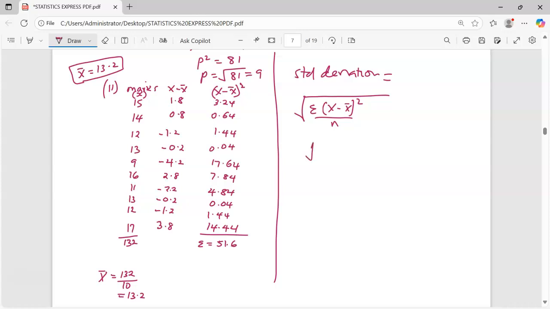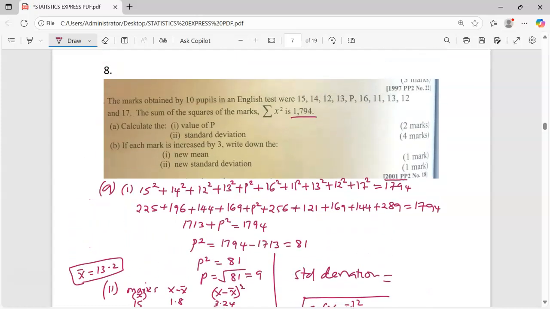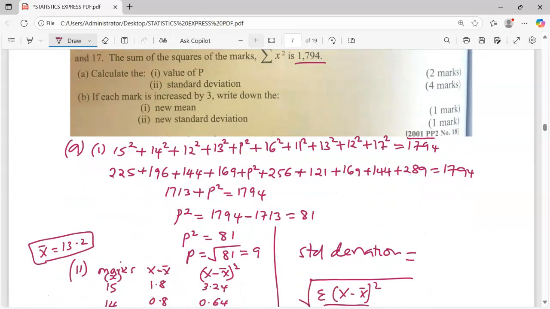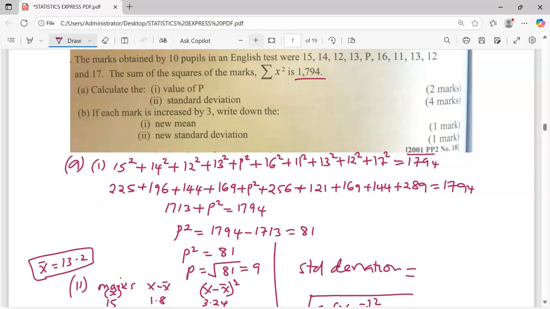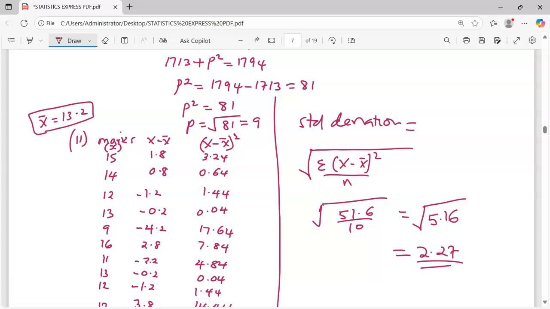In this case, we are going to have the square root of 51.6 divided by 10, which is going to give us the square root of 5.16, and the square root of 5.16 will be equivalent to 2.27 as the answer to this particular question. Once we have done that, we can now move and look at part B of the question. I want to assume this was part A.